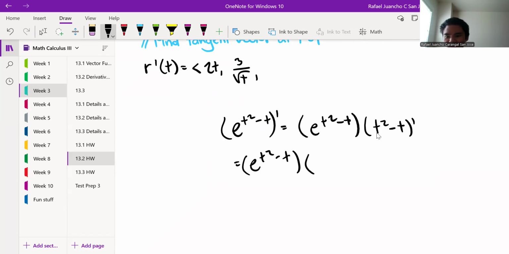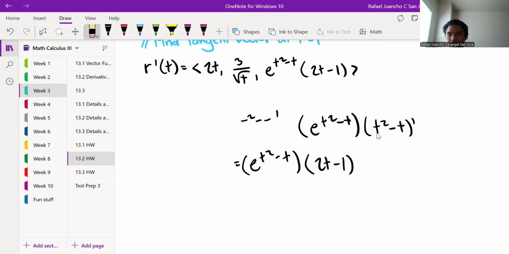So that's done. Here is going to give me a 2t minus 1. So yet another tricky step here, but basically that's it. That's the derivative. So it's e to the t squared minus t times 2t minus 1. And then that's my tangent vector.